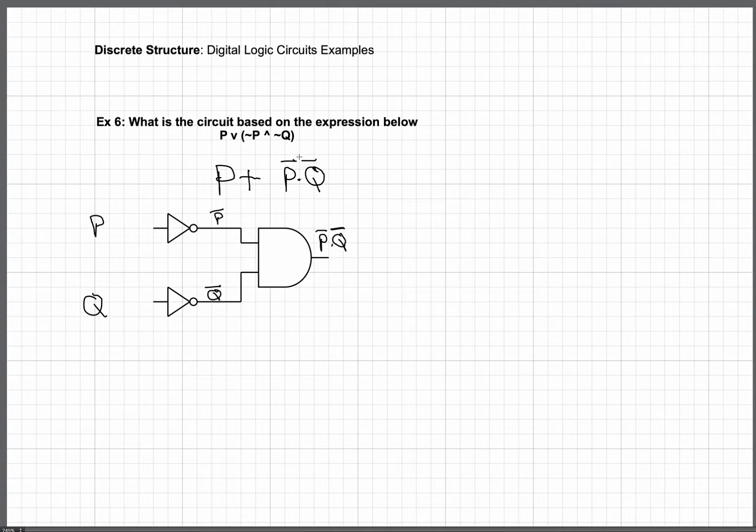Now, that is going to be ORed with P. So what I'll do is extend these a little bit further to the inputs, like that. And I'll bring in an OR gate. And let me raise that up a little bit like this.